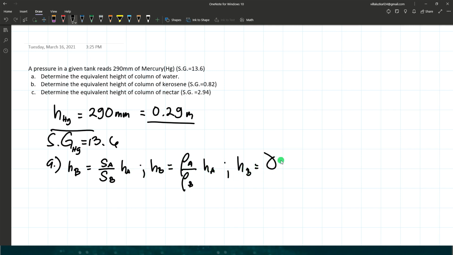Okay, so based on the given, we have specific gravities given. So we will use the first solution.